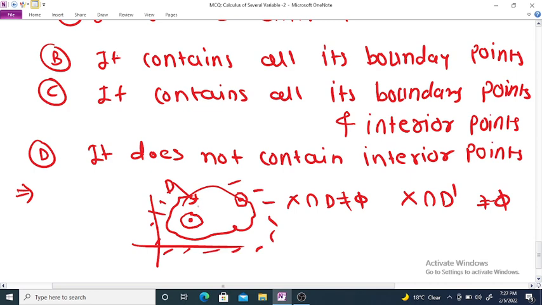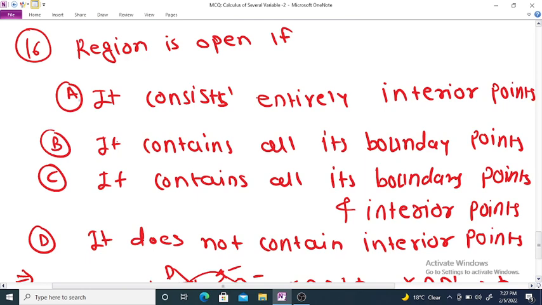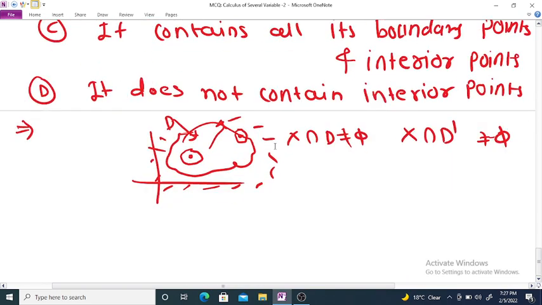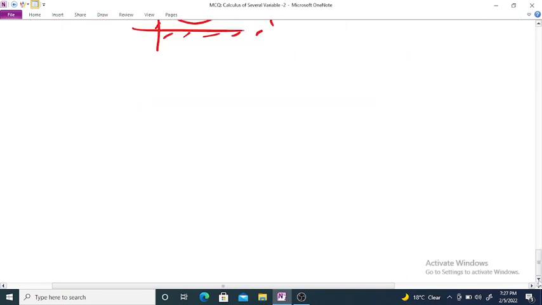If the region consists of only interior points, then it is called an open set, and if it consists of interior as well as boundary points, then it is called a closed set. So the correct option is A, it consists entirely of interior points, then we call it an open set.